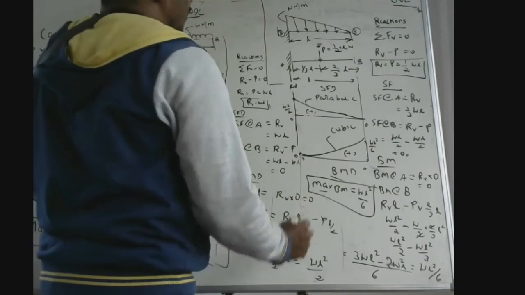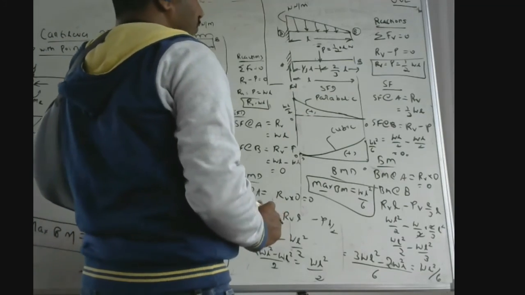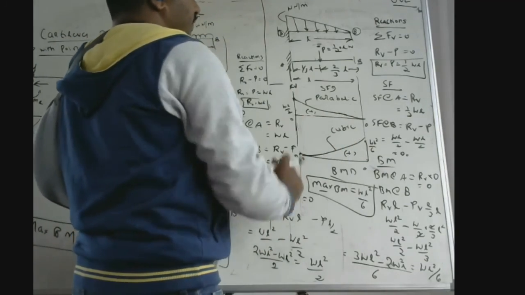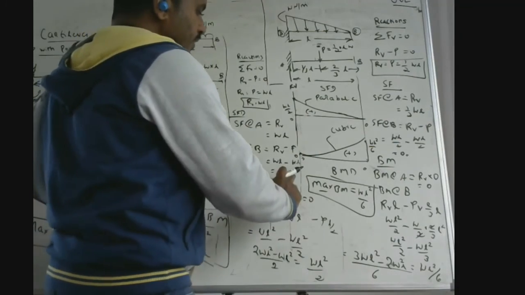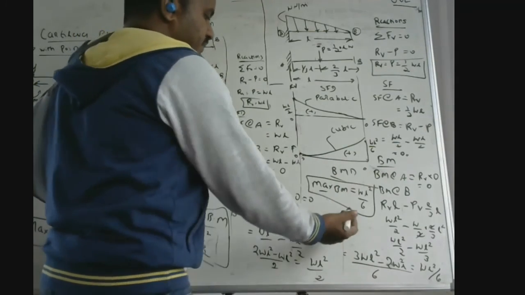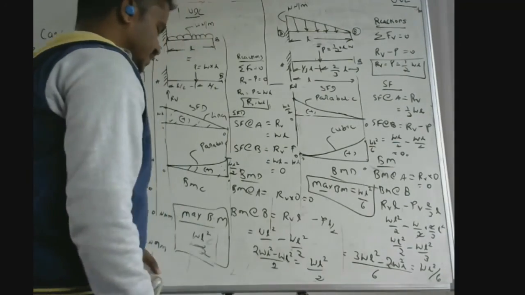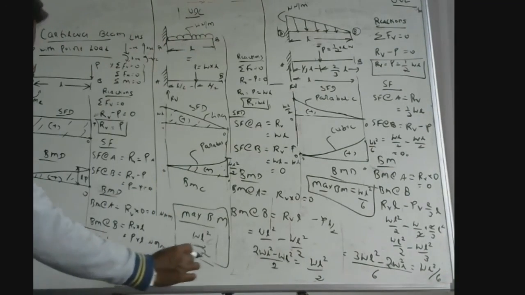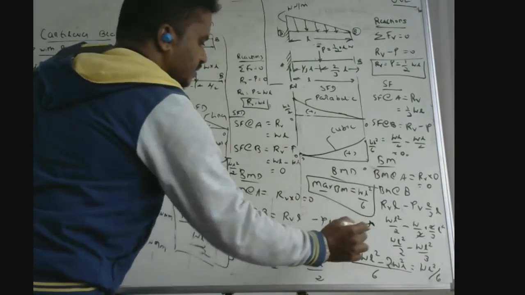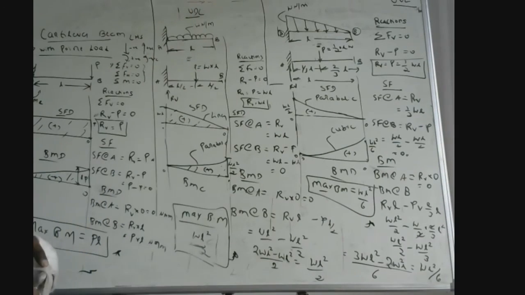In case of a cantilever beam with UVL, the SFD is parabolic, whereas the BMD is cubic, and the maximum bending moment is WL squared by 6. Finally, we require these equations to solve the bending stress problems.